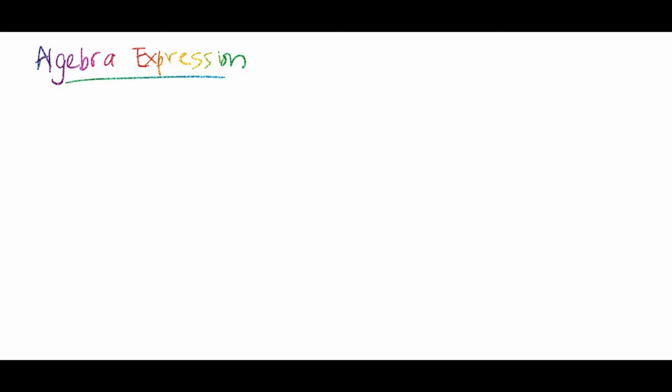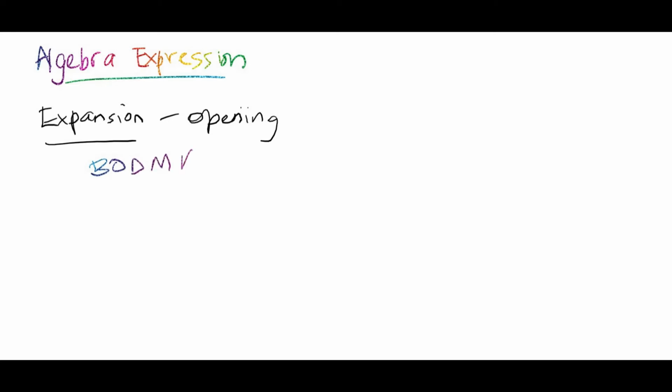Algebra expression is a very important part of mathematics, and it can be used in a lot of other mathematics solutions. Today we're going to focus on expansion. Another word we can use for expansion is opening. You usually see some complicated operations mixed up, so we want to open up these operations.